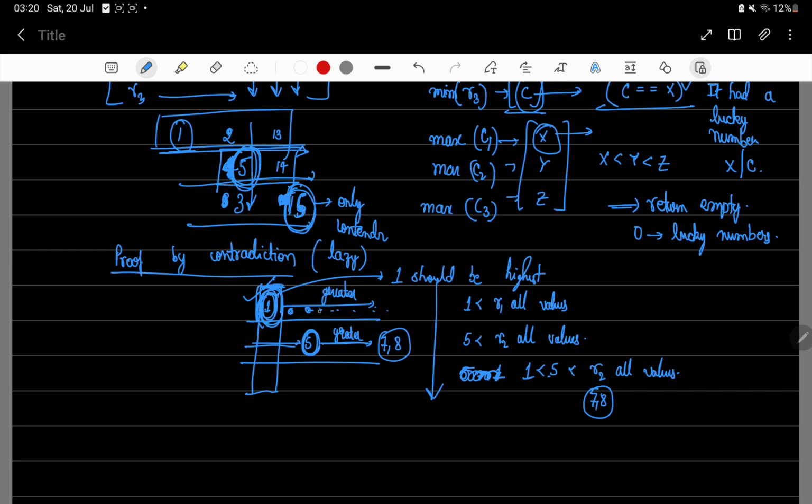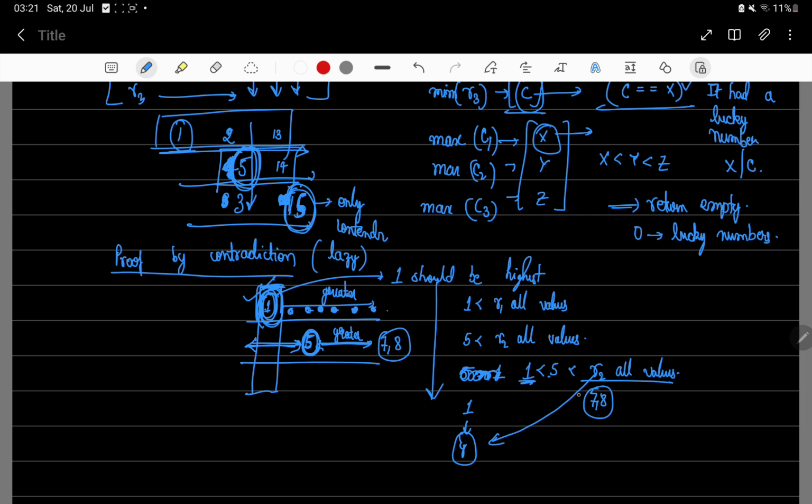Anywhere in the first position, second position, third position, anywhere, I don't care. Now what I need to know is that 5 is greater in the next row, and there are greater elements inside that row. All the other elements are greater than 5. Now if 5 is only greater than 1, then all the other values are also greater, which means that any value y which is below 1 will also be greater, which will be in the subset of R2, right?